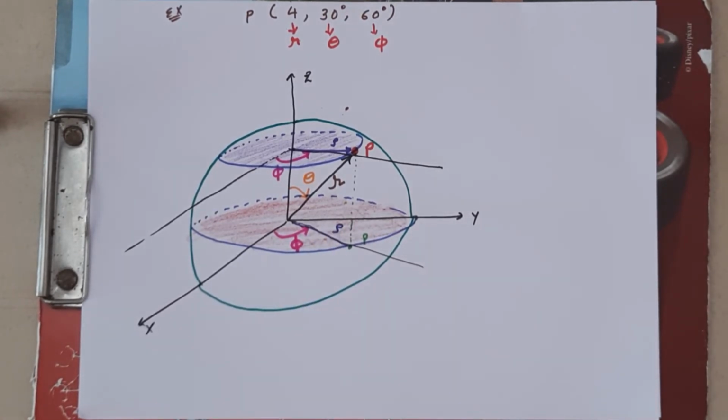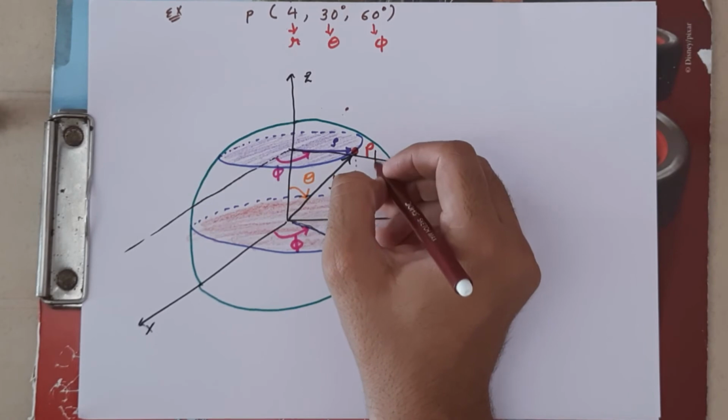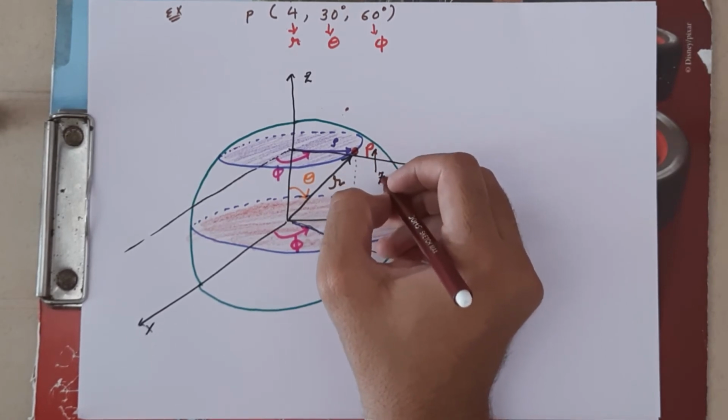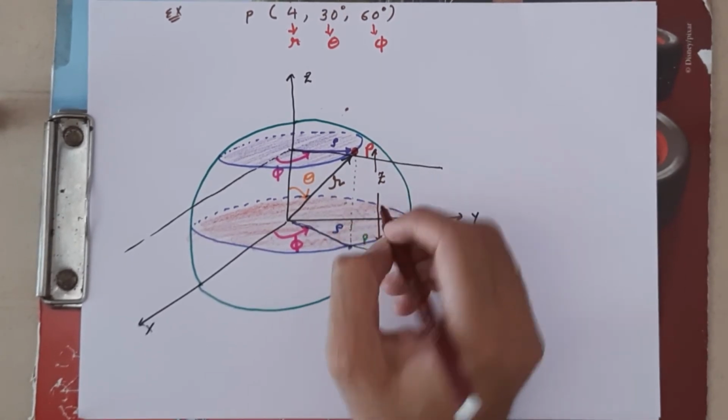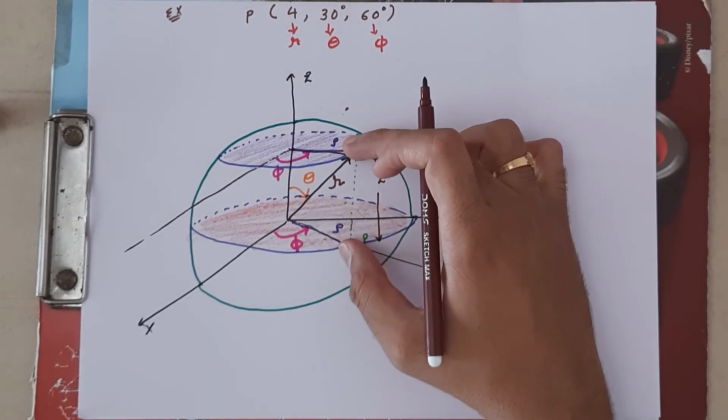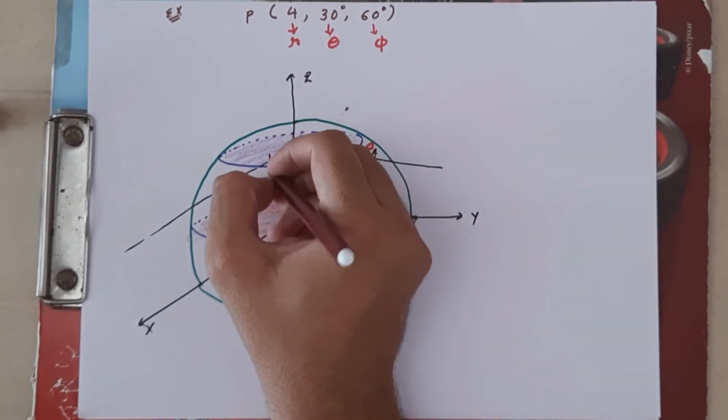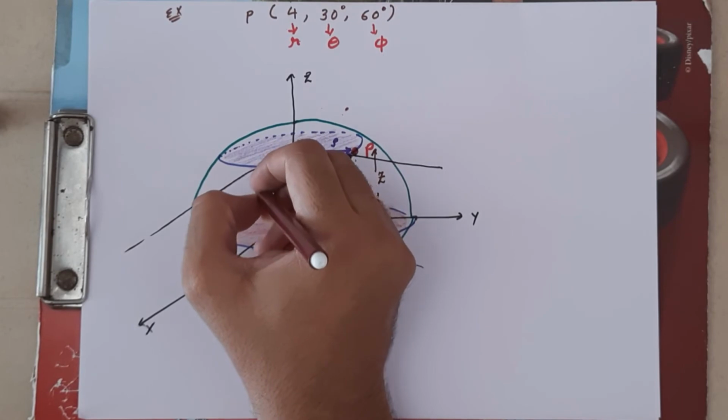Clear? I just apply the trigonometric concept. Which one is the height? Height is z. It is known as the height from the xy plane. This one is the height of my point, so this is also z.